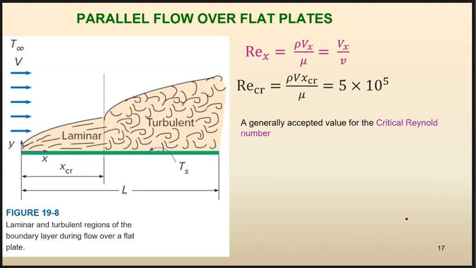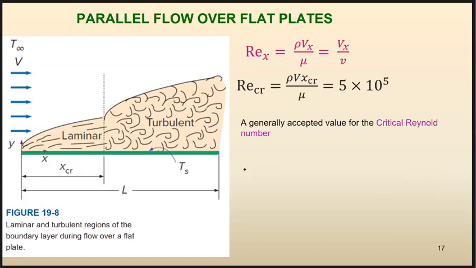As long as the Reynolds number is smaller than 5 times 10 to the 5, your flow is laminar. Larger than 10 to the 6 is considered turbulent, and larger than 5 times 10 to the 5, you don't have 100% laminar flow.